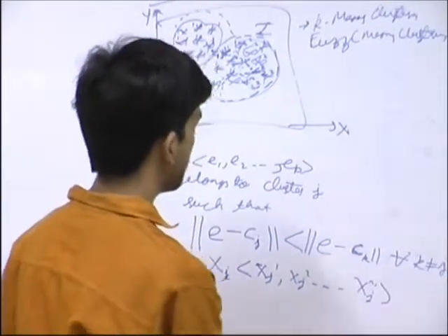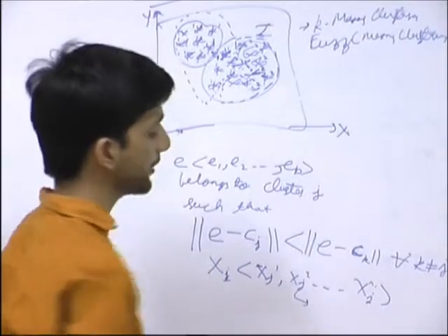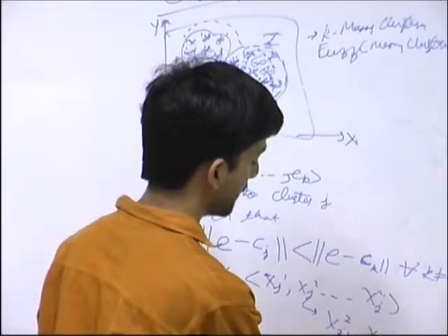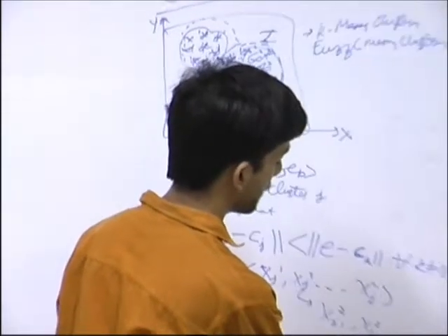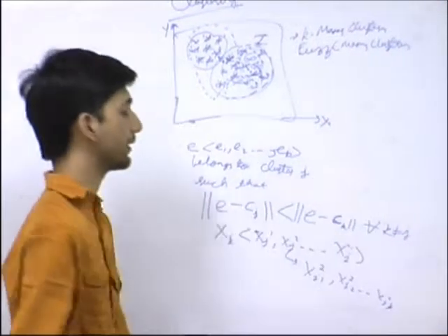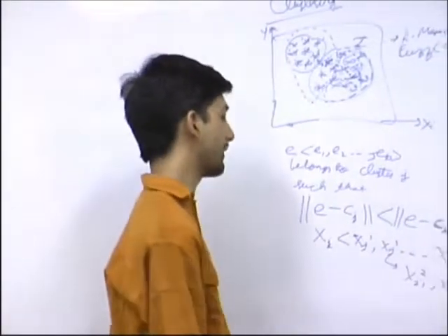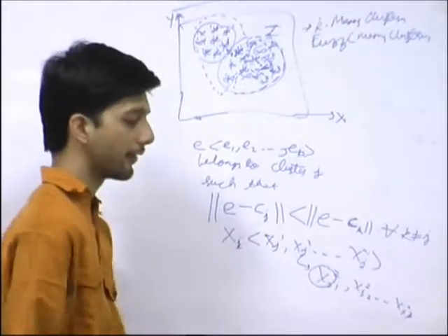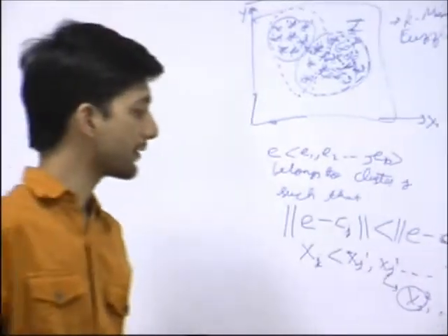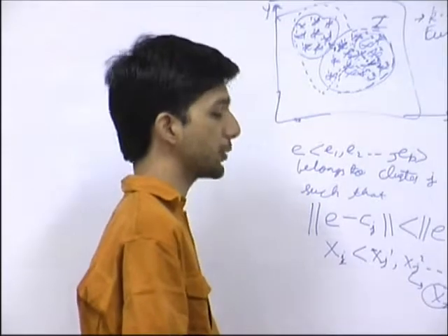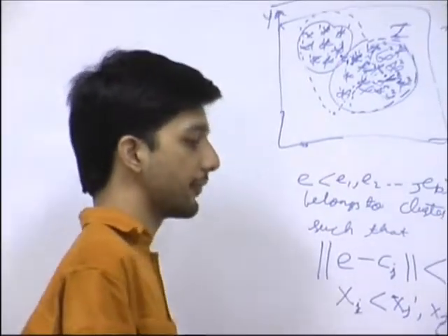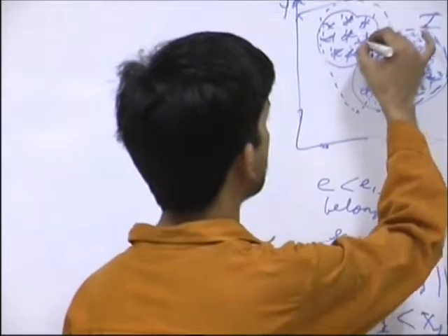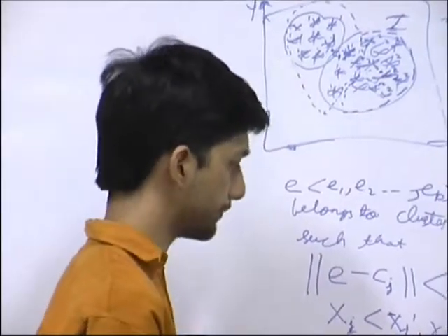Each one of these would be a point in multi-dimensional space, so they would be like xj21, xj22 up to xj2p. These are points in the p-dimensional space. All I need to do is sum it up attribute wise and take out the mean. So when I sum it up attribute wise and take out this mean, I basically get the cluster centers C1 and C2.